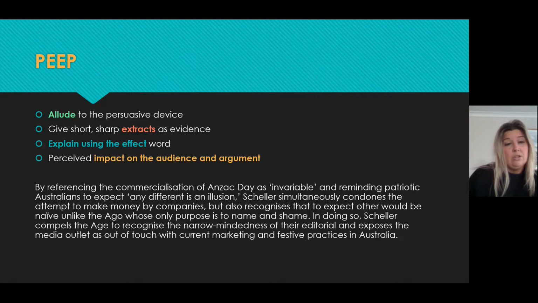In doing so, Scheller compels The Age to recognise the narrow-mindedness of their editorial and exposes the media outlet as out of touch with current marketing and festive practices in Australia.